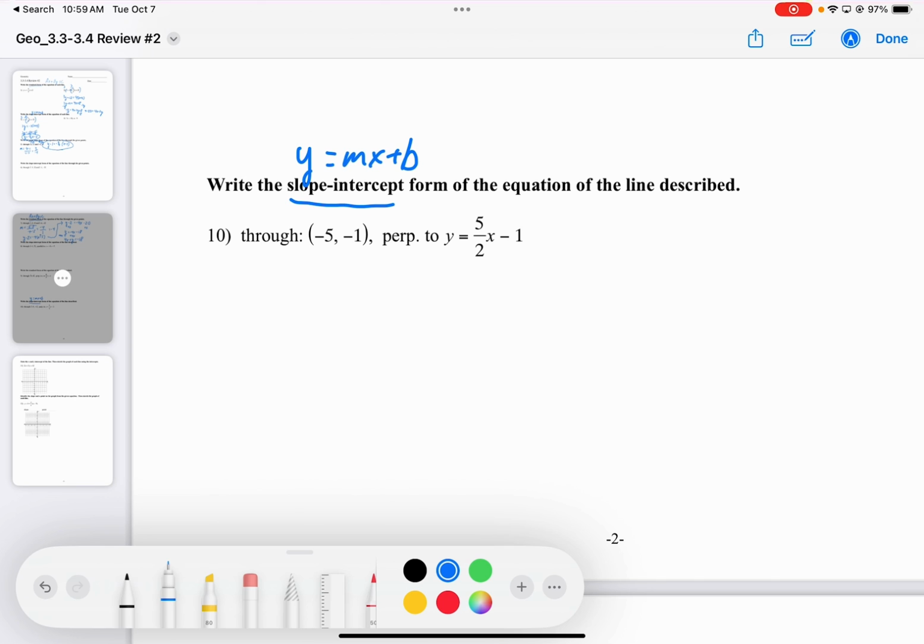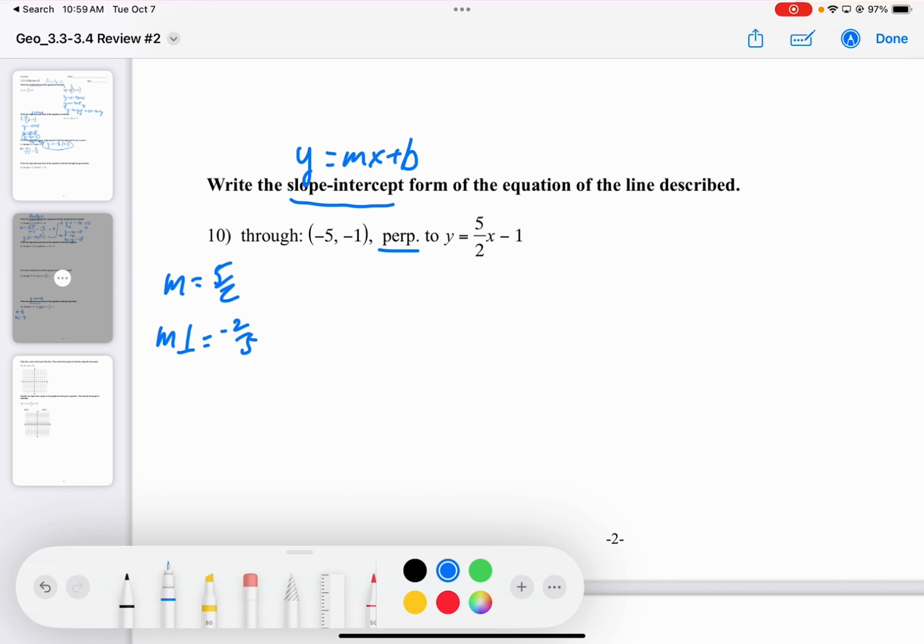What's the slope of the line they give me? 5/2, right? But I need it to be perpendicular, which means what about my slope? Opposite reciprocal, right? So if the slope they gave me was 5/2, I want my slope to be what? Liam, you said -2/5. Good.